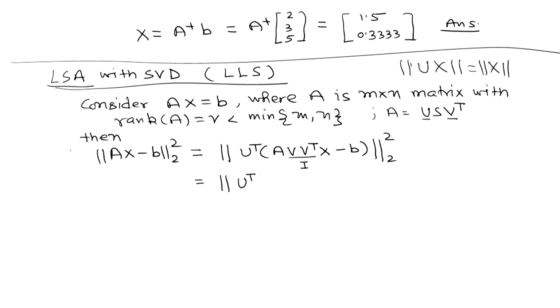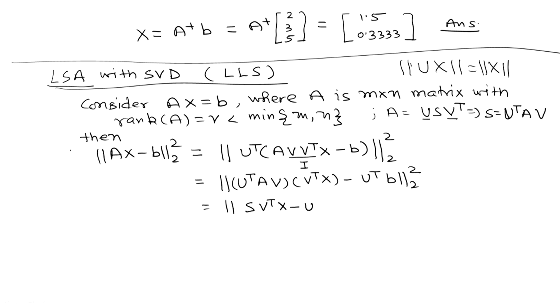Now, this thing I can write as U transpose A V into V transpose x minus U transpose into b. Now, A equals U S V transpose. So, from here I can write S equals U transpose A into V. So, I am replacing this with S: norm of S V transpose x minus U transpose b, squared.